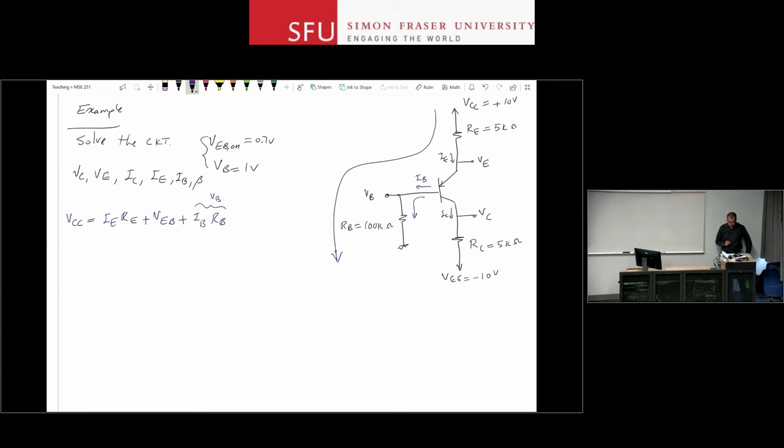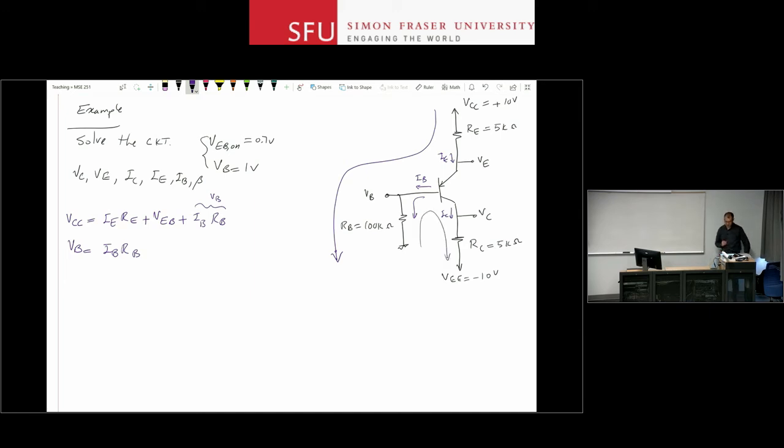And that's it. I actually can figure out what IB is from this equation here. I already know VB is IBRB. And I can also write a KVL here for this loop.